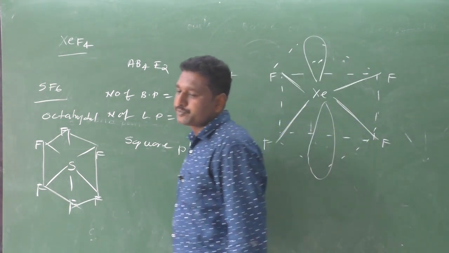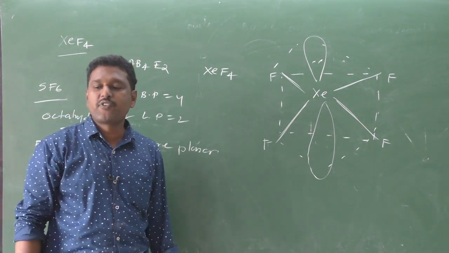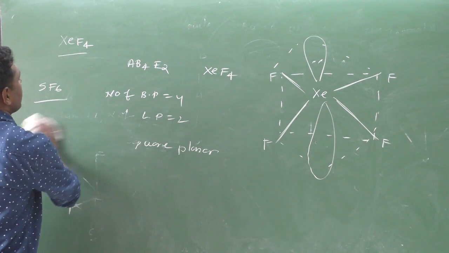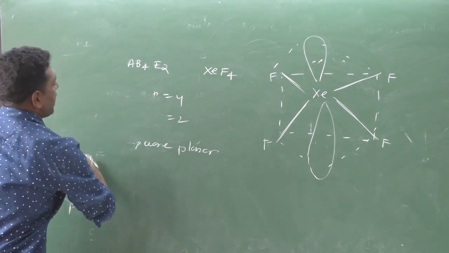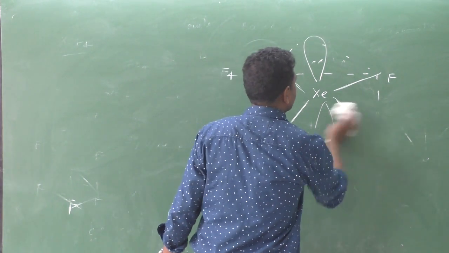If 5 bond pairs and 1 lone pair are there, that is square pyramid. I will give an example. AB5E type.